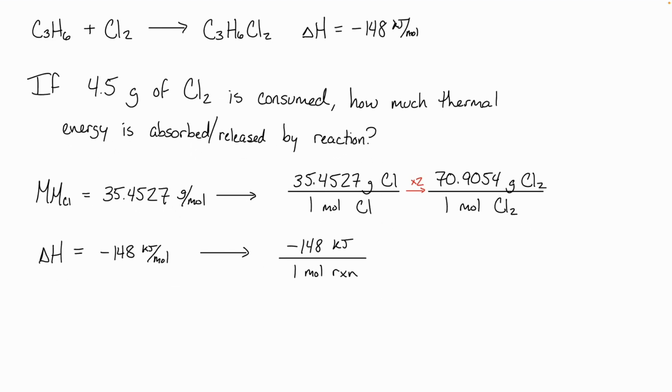All right, so now I'm going to set up my problem with my 4.5 grams of chlorine. I'm going to need to divide that by that molar mass to get rid of those units of grams.